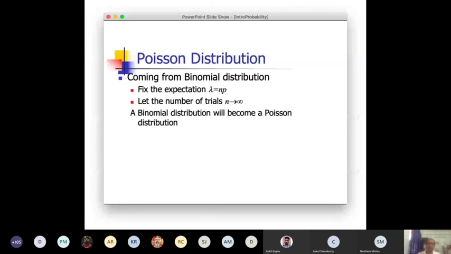That means as n tends to infinity, if lambda is constant, p is going to be tending to 0 also. But the product is constant, that is the interesting part. So p will be basically lambda by n, and then binomial distribution becomes Poisson distribution.